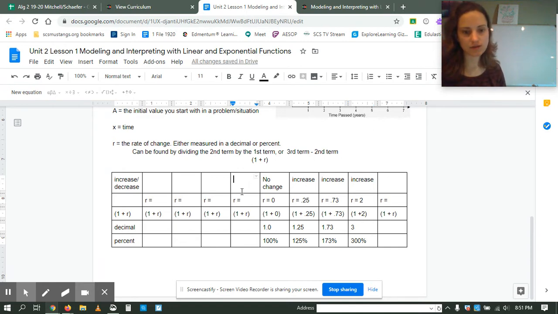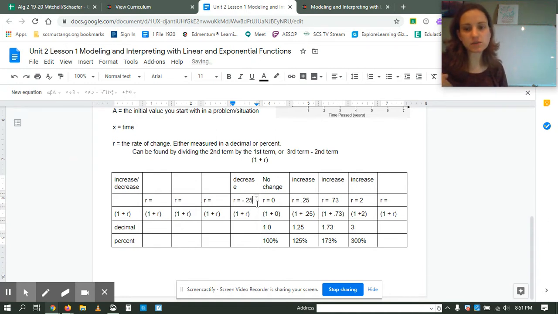So then we're looking at, well, what happens if we're looking for decreases? With these R values, you're going to put a negative in front of them because they're a negative change. So we're looking at negative 0.25.